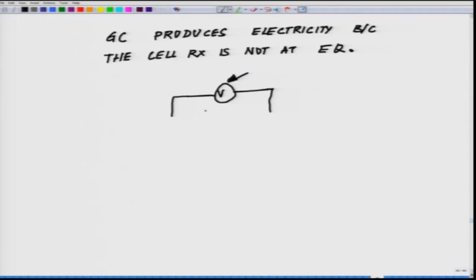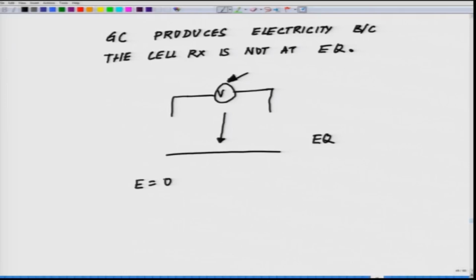If we replace the potentiometer with a wire, removing the potentiometer and allowing the electrons to flow through, there would be much more current and the concentration would change until the cell reaches the equilibrium value. At that point, nothing would drive the reaction and E will become 0. So, when a battery, which is a galvanic cell, runs down to 0 volt, the chemicals inside have reached equilibrium and the battery is dead.